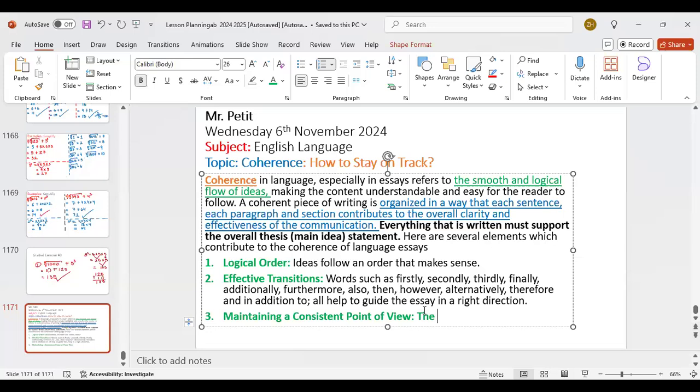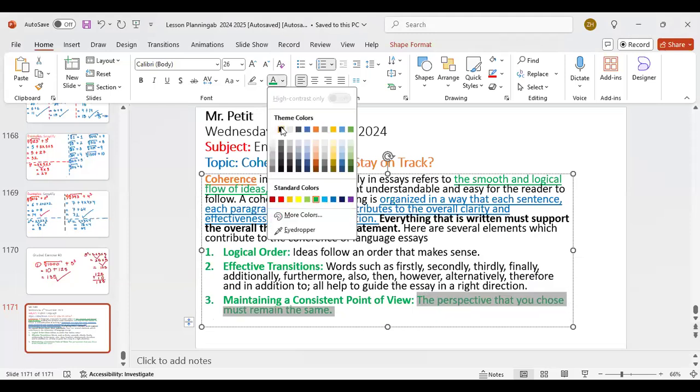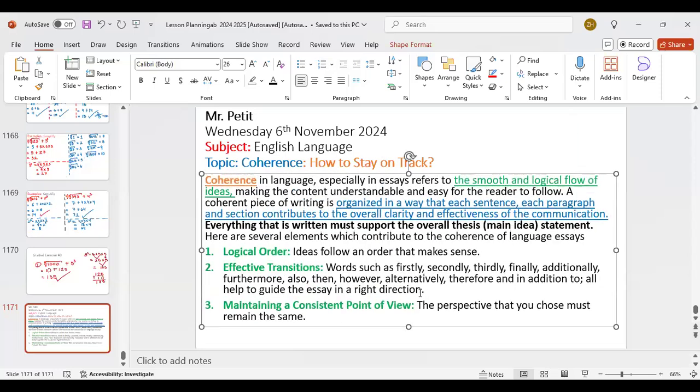So the perspective that you choose must remain the same, right? In general. Most times it's just better, especially for you all, unless you are writing a narrative essay, it's just best to stay in the first person.